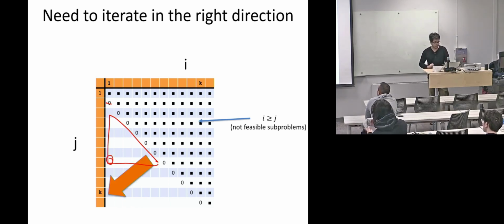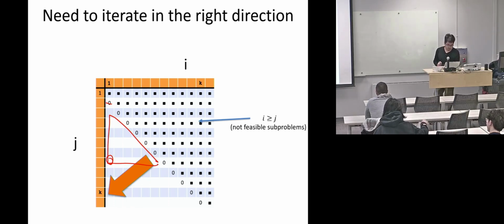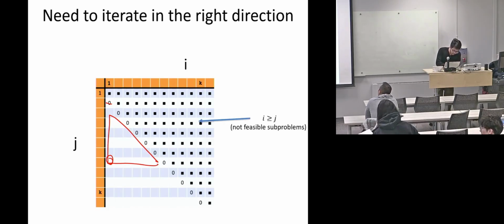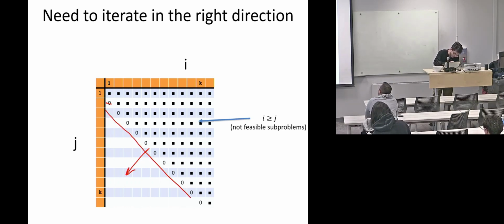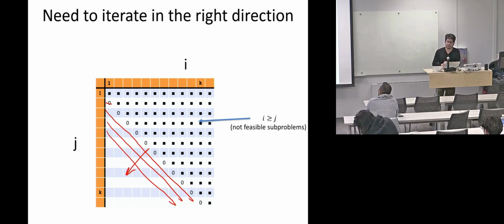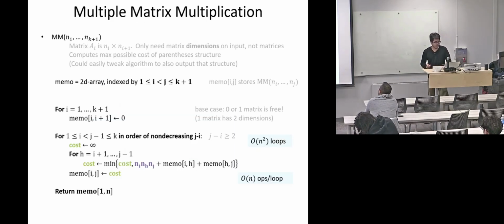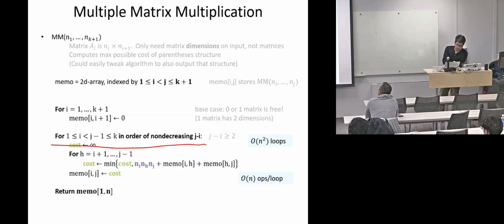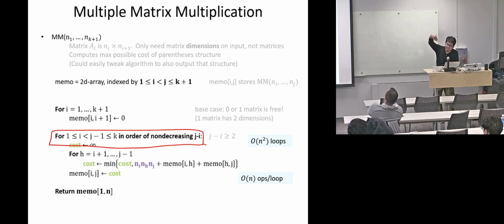So yeah, just 1 minute here. What I should do is actually fill in the table in this way, and in this way, and in this way. Okay. So now I just write down the loop in this way so that I fill it in the correct direction.